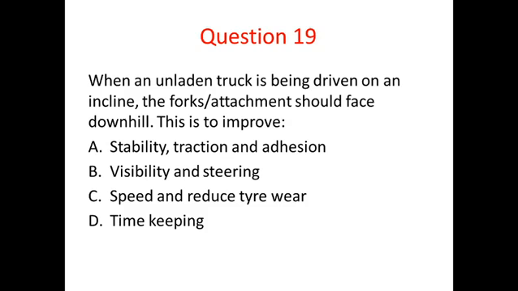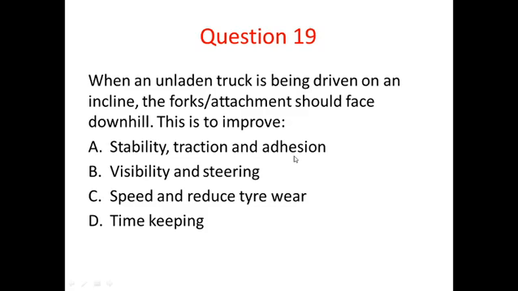When an unladen truck is being driven on an incline, the forks or attachment should face downhill. This is to improve what? So the orientation of the vehicle on a hill is important, but for what reason? Ultimately the reason is the stability of the vehicle. Remember, we looked at the centre of gravity of an unladen truck was near the back of the vehicle.